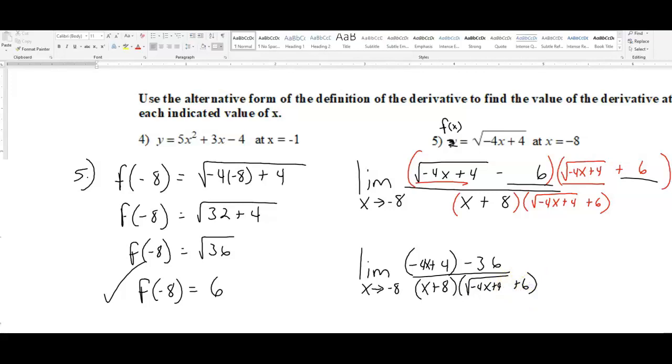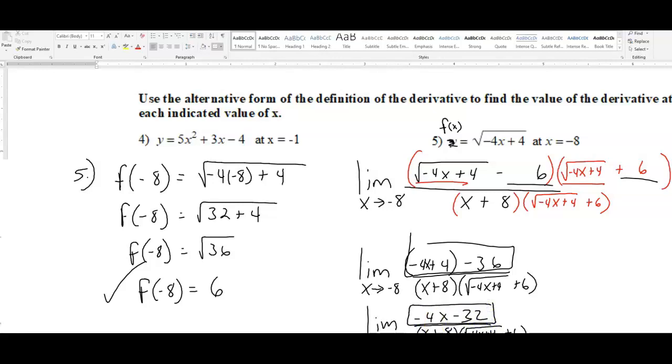All right. Simplifying what we got going up here on the top, the -36 and the 4 need to be combined. All right. Now at this point, if you can't remove the discontinuity, then we need to factor the top. So in this case, I can factor something out of the top.